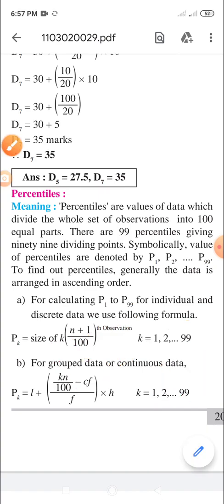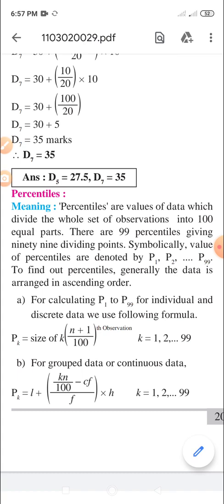So P_K equals the size of K into bracket n plus 1, where n is the total of frequency or the number of values given here, upon 100.